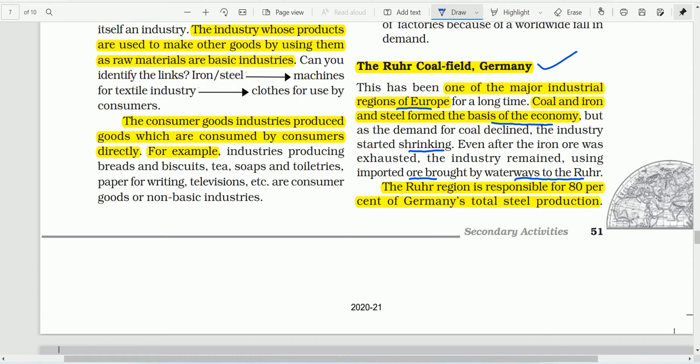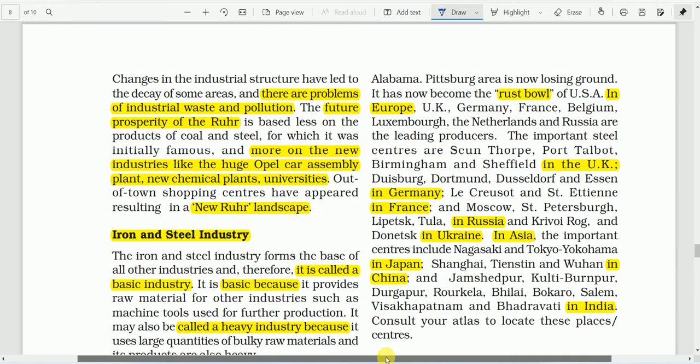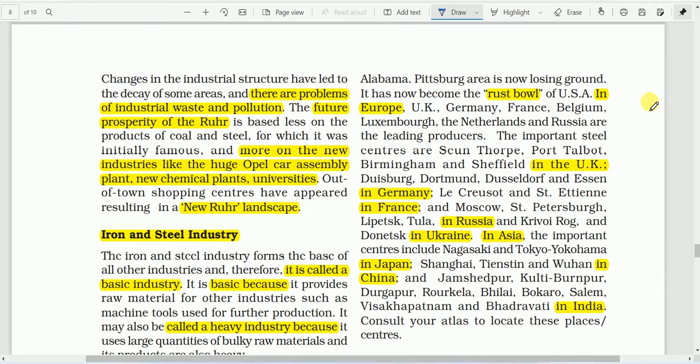This Ruhr region is responsible for 80% of Germany's total steel production. In due course of time, changes in the industrial structure have led to the decay of some areas, and there have been problems of industrial waste and pollution in the Ruhr region.